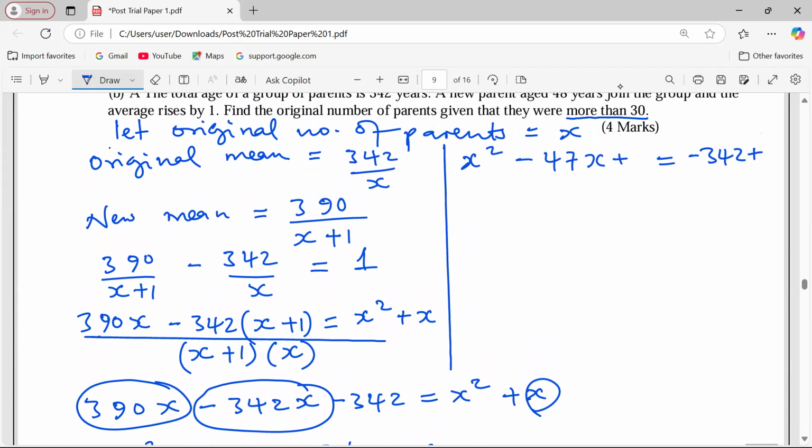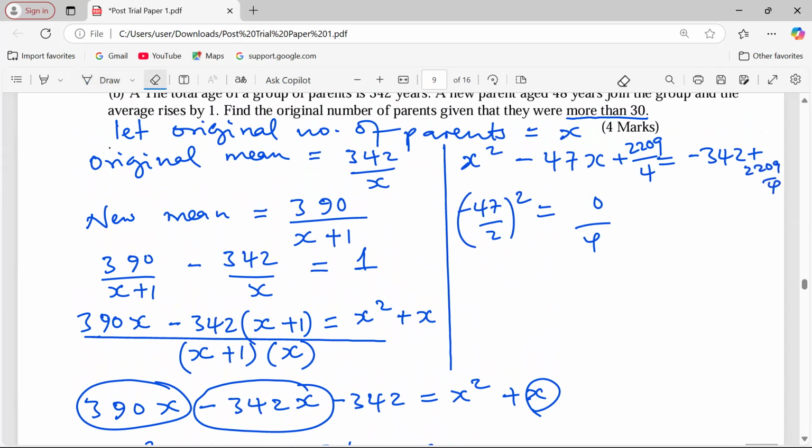Negative 47 over 2, then we square. When we take negative 47 over 2 squared, we'll be getting 2209 over 4. And we also add it to the other side, 2209 over 4. Yeah, we add it to both sides.